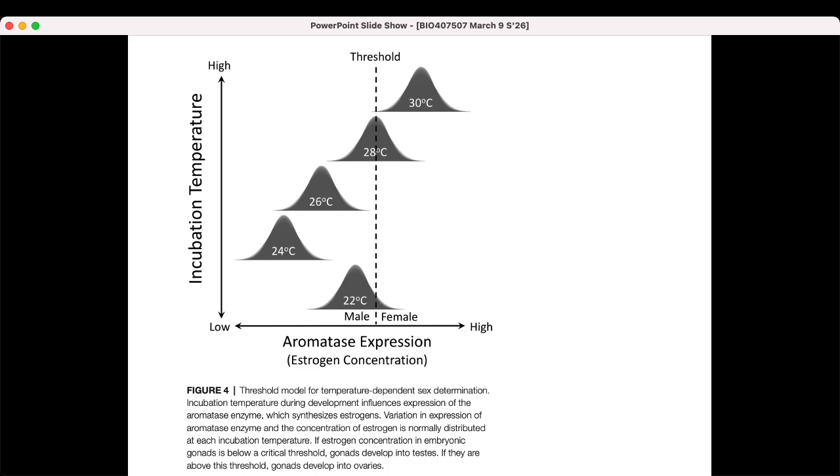When I read it, it sounded as though they were alluding to the increase in temperature causing a production of more aromatase, and thus an increase in estrogen concentration. Yeah, that's kind of how I interpreted it initially.